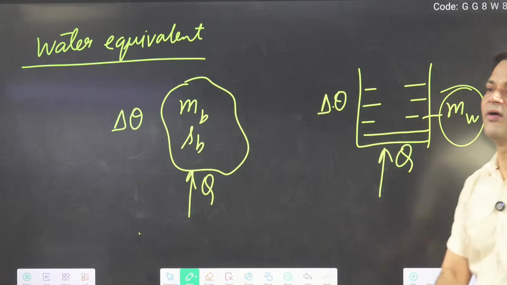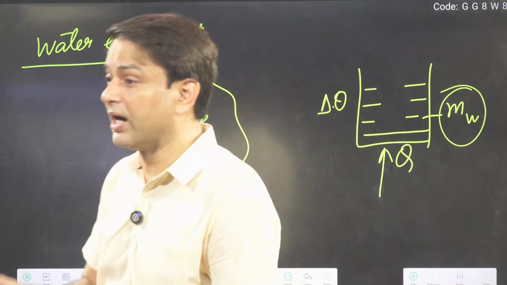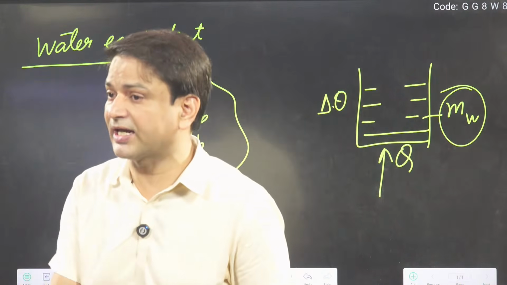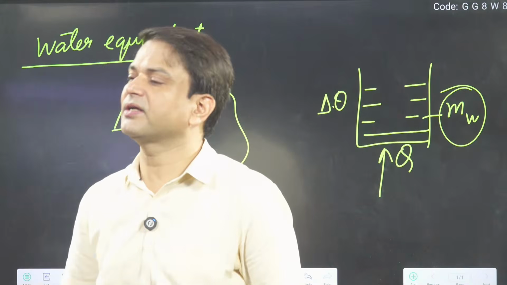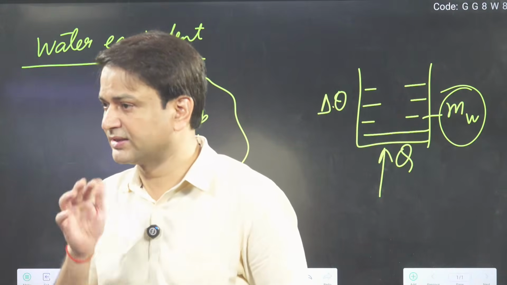Tell fast. MW. This is the water equivalent. So MW is the mass of water that absorbs the same amount of heat for the same temperature change. Everybody got this?